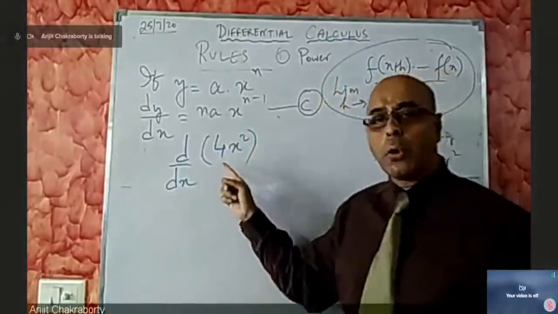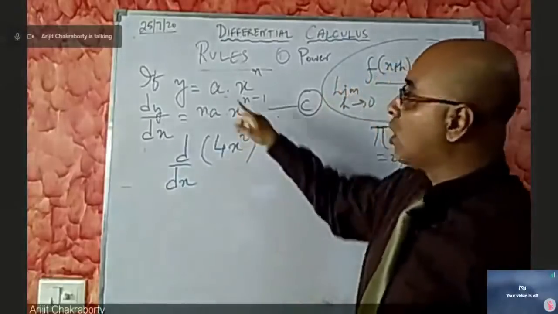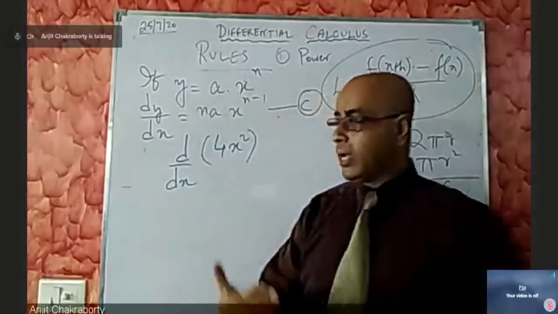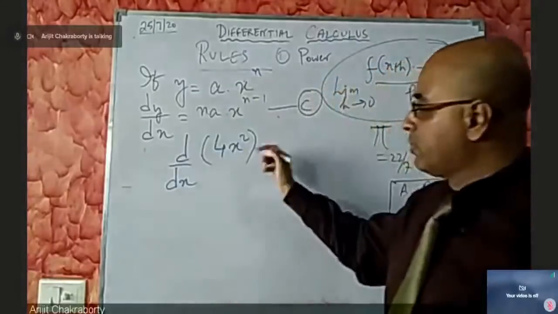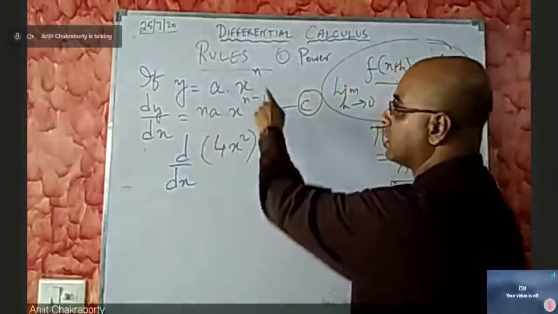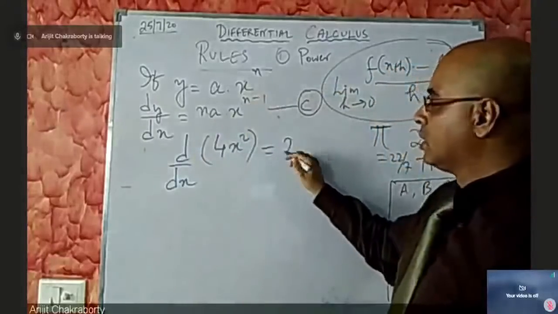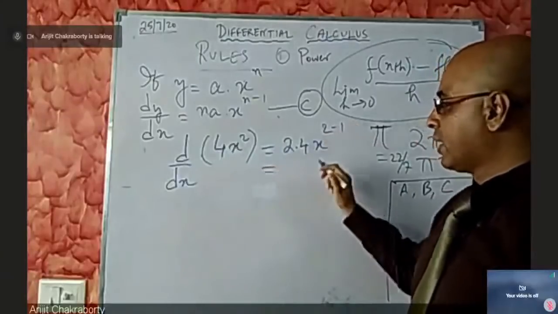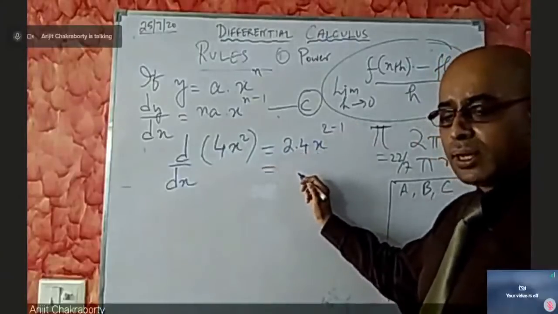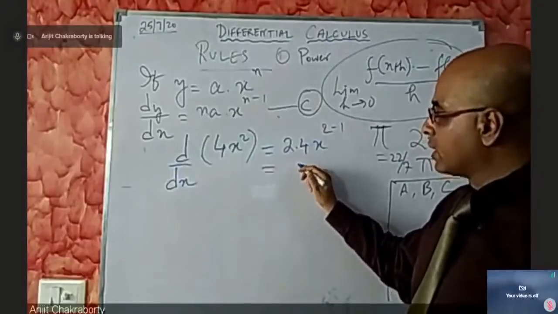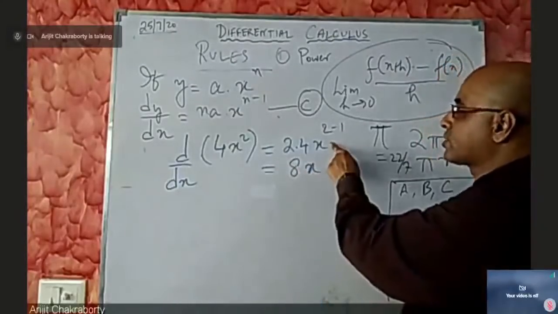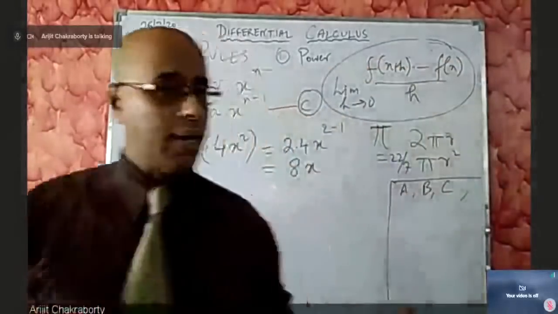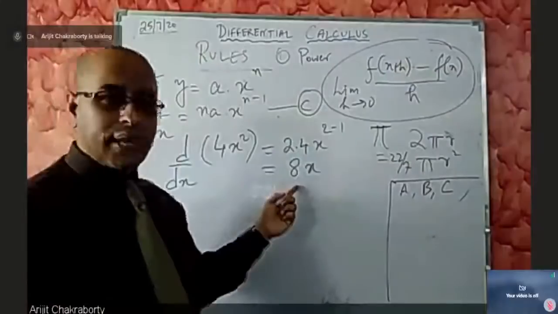Now, if I differentiate this, the 2 will come down: 2 into 4, x to the power 2 minus 1. That is, 2 into 4 gives me 8. So it is 8x, because x to the power 2 minus 1 means x to the power 1, and that is x. So we have 8x.